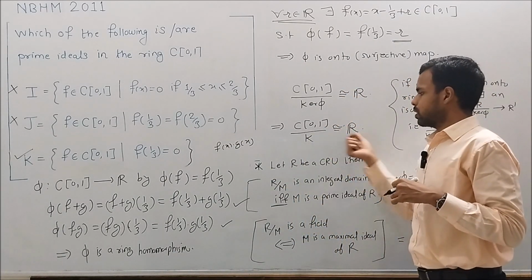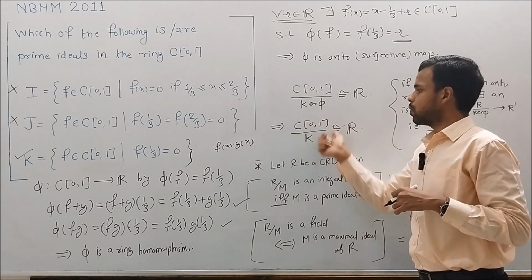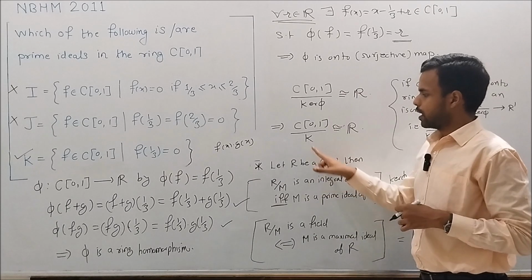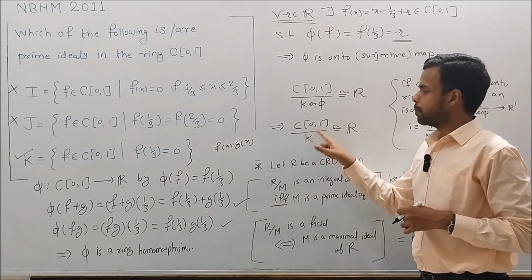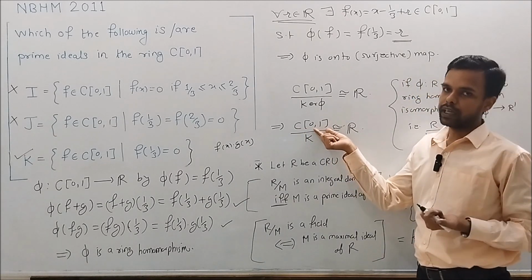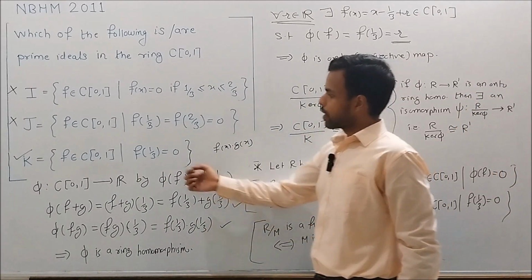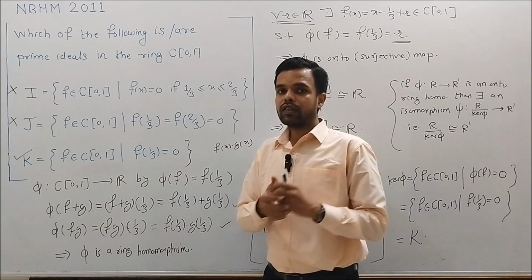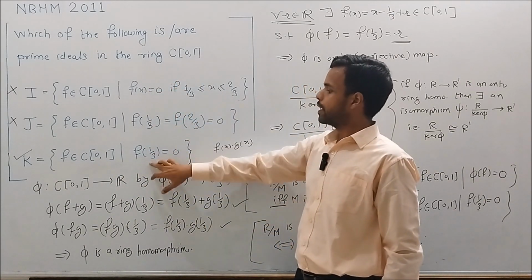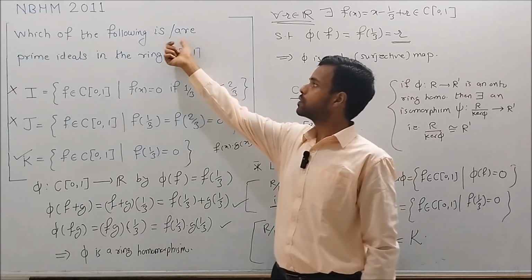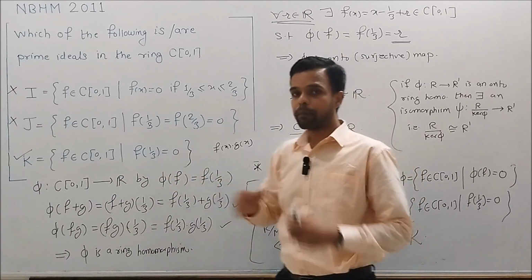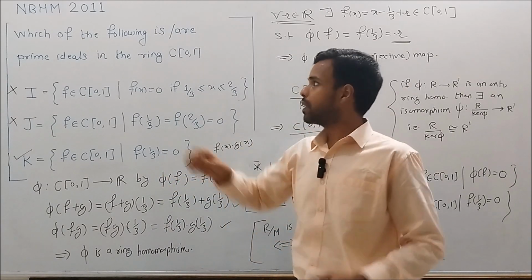So as both the rings are isomorphic, this ring is also a field. So by using this result, we see that the ideal K must also be a maximal ideal of the ring of continuous functions over the closed interval [0, 1]. So the ideal K is not only a prime ideal but also a maximal ideal of this ring.